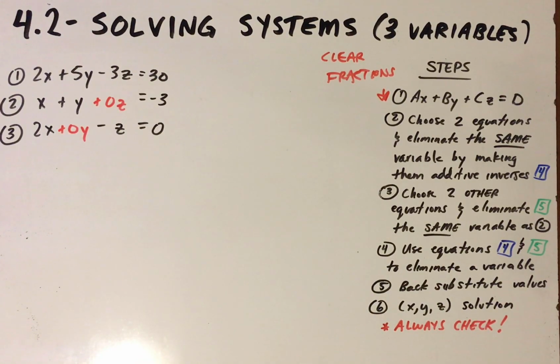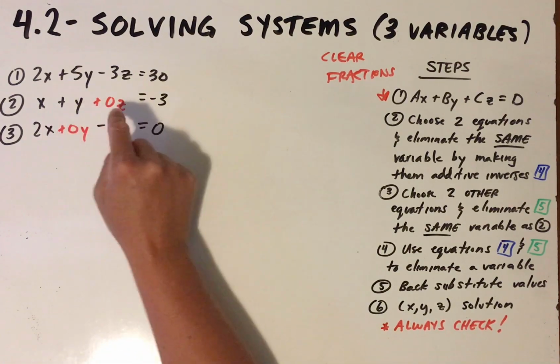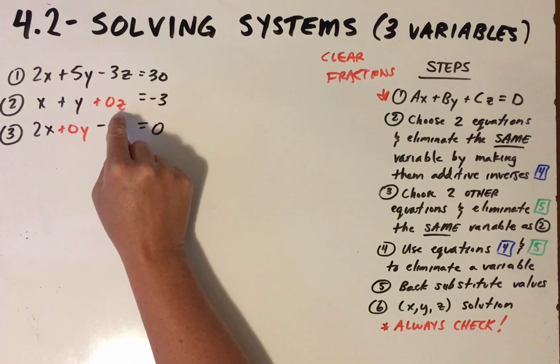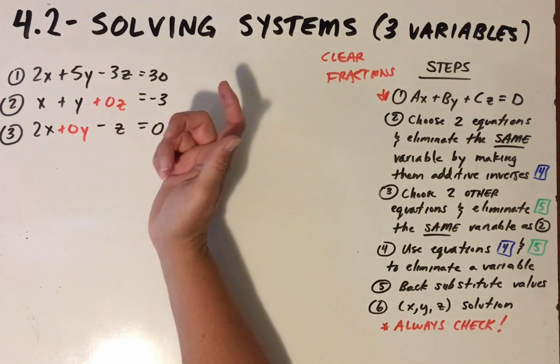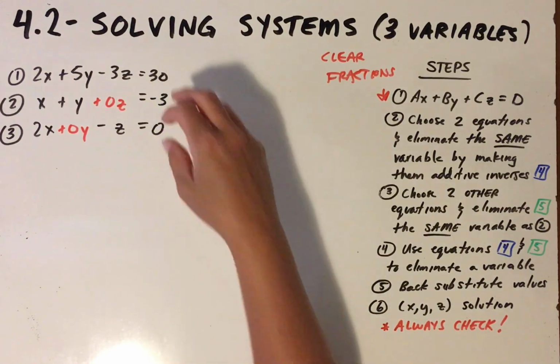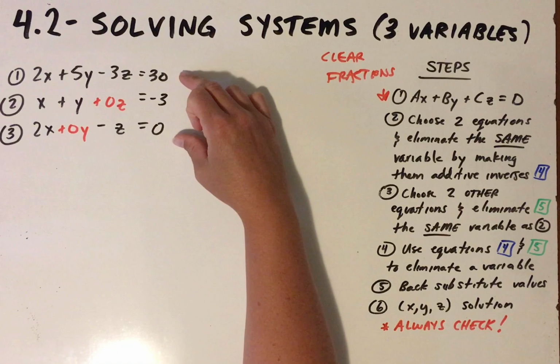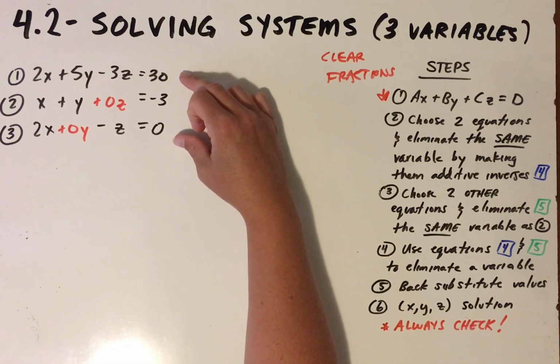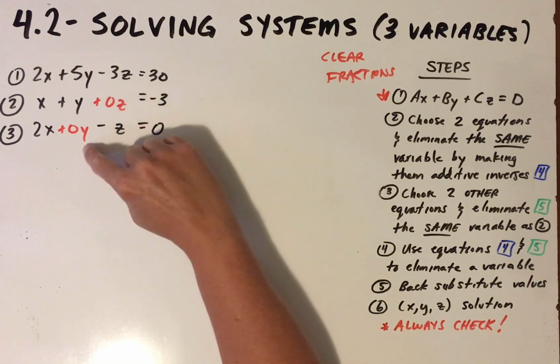Okay. So now when I'm trying to eliminate, I should work smarter here. So this equation is already eliminated for z. If I wanted to eliminate z from another equation, I would use equations 1 and 3 and eliminate z. Now, this equation has already eliminated y.